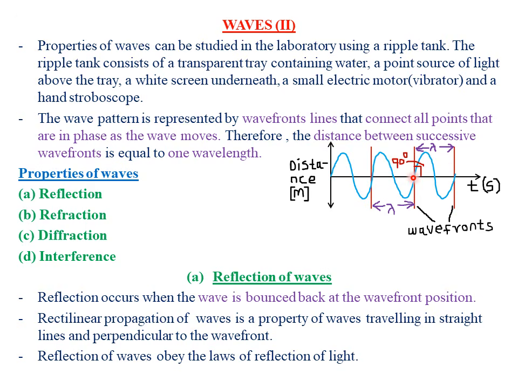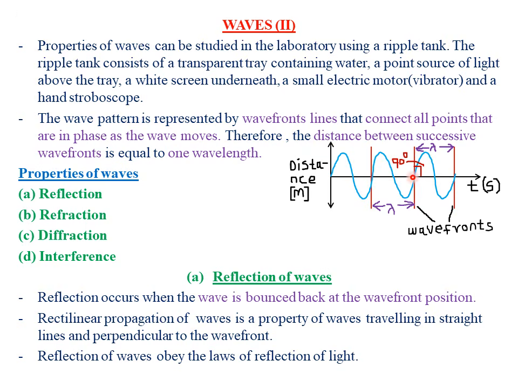Also, if we start from this point, this is half a cycle plus half a cycle, we form a complete cycle. So after a complete oscillation, that is when the wavefronts will occur. That is why we are saying that wavefronts are lines that connect all points that are in phase on a wave. A point will be in phase if a complete oscillation has been formed.